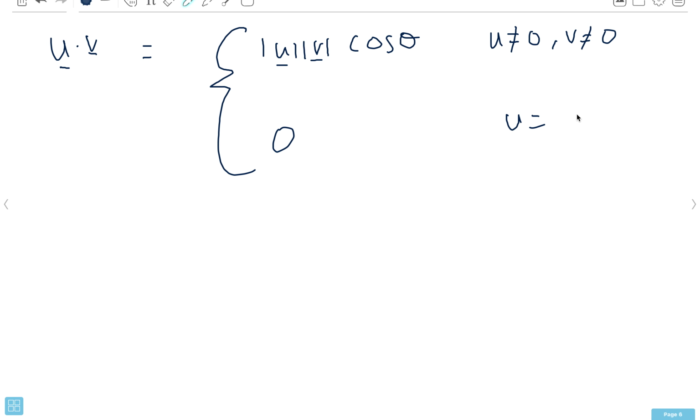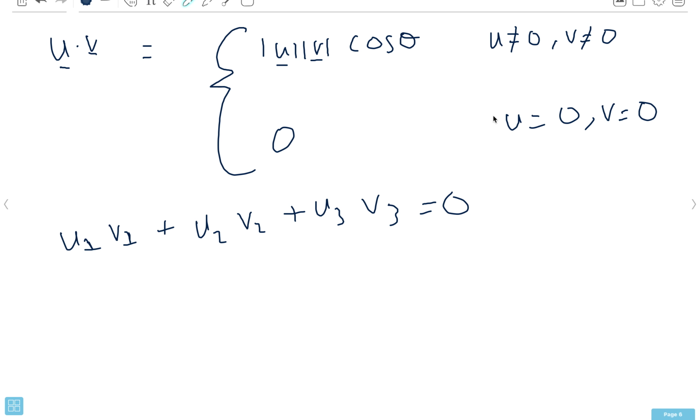When u equals 0 or v equals 0, then the whole thing is 0. So we've proven the hard part. Now we just need to prove that when u equals 0 or v equals 0, then u dot v, that is u1 v1 plus u2 v2 plus u3 v3, is also equal to 0.